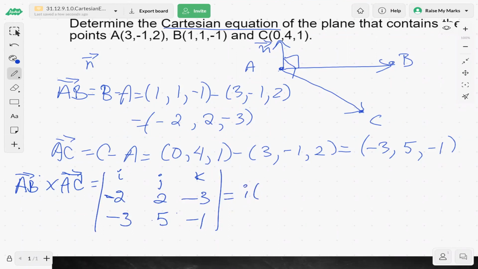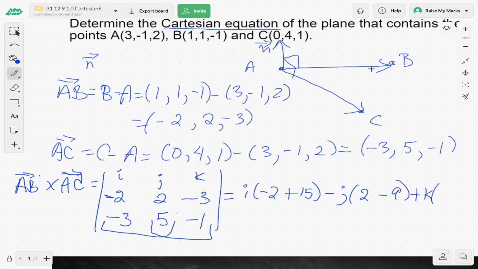So the coefficient of i is from this second box here: -2 minus -15, so plus 15, minus j, the coefficient of j is -2 times -1, minus -3 times -3, plus k, and the coefficient of k is from the second box of numbers, -2 times 5.